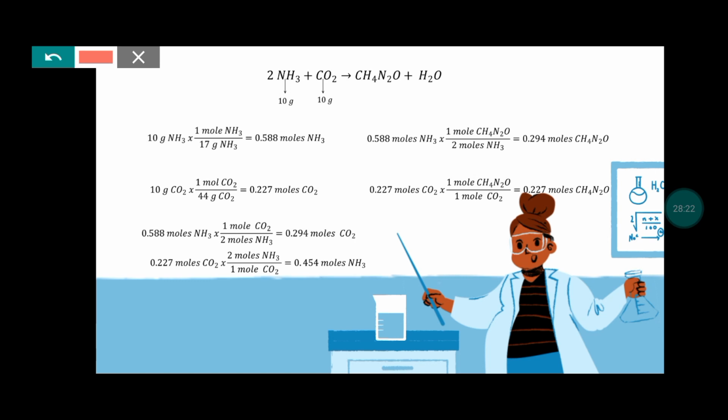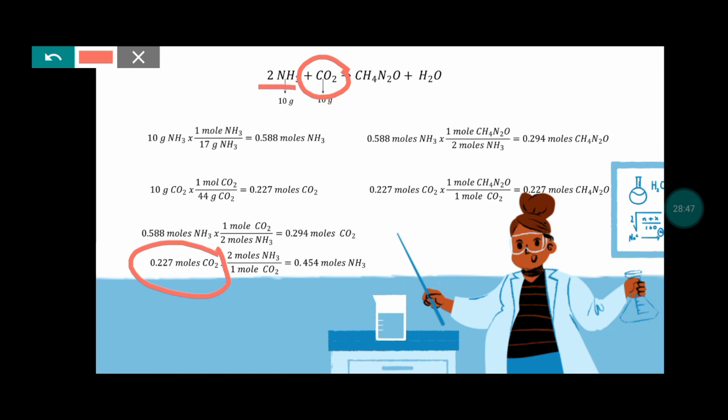The same thing with our carbon dioxide. Kung gusto nating i-compute kung ilan ang ammonia na magre-react kapag ni-react natin completely itong 0.227 carbon dioxide natin. So 0.227 carbon dioxide times 1 mole of carbon dioxide in every mole of ammonia.